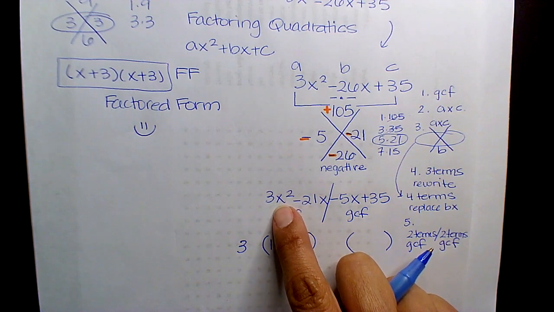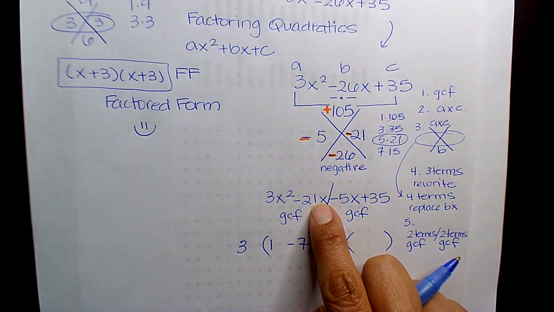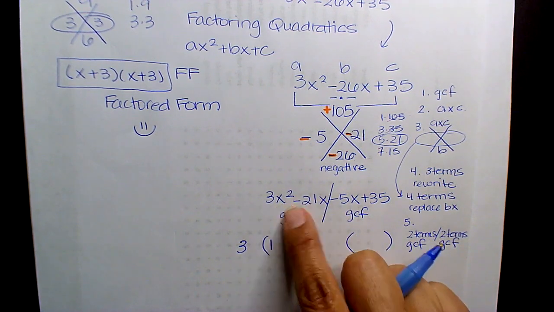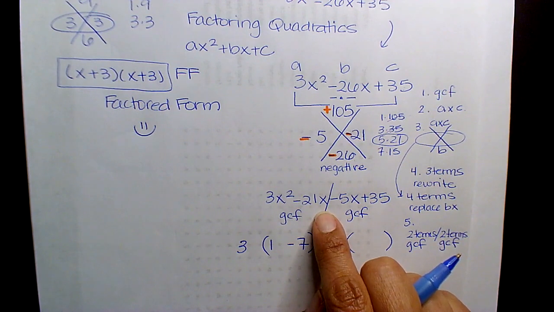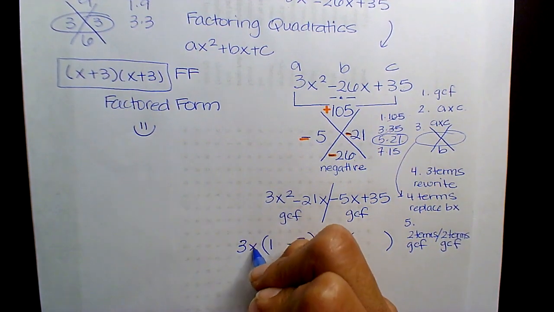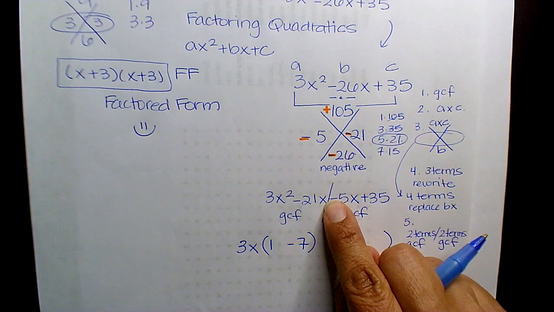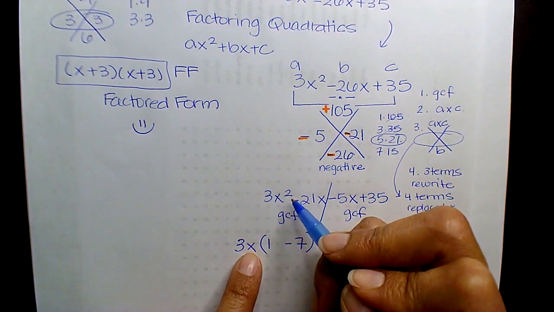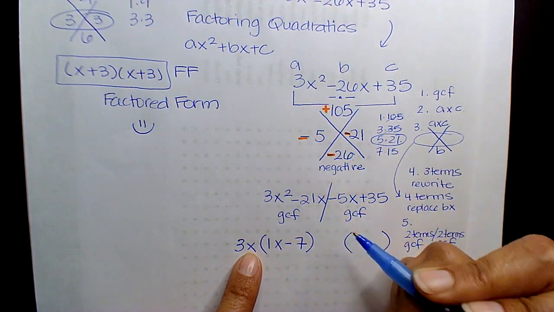I have 2 x's and I have 1 x. Smallest wins. How many x's can I remove that both of these terms can give? 1, right, because I can't give 2 because this only has 1. Okay, so now look at it. If I took 1x away and there were 2 here, there's 1 left.